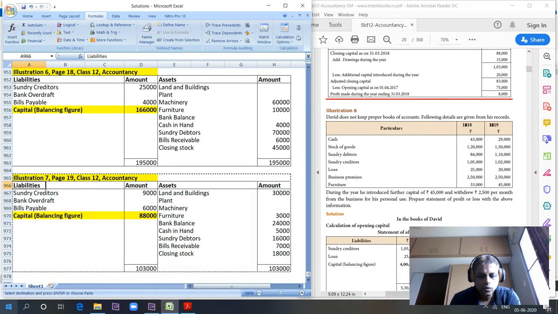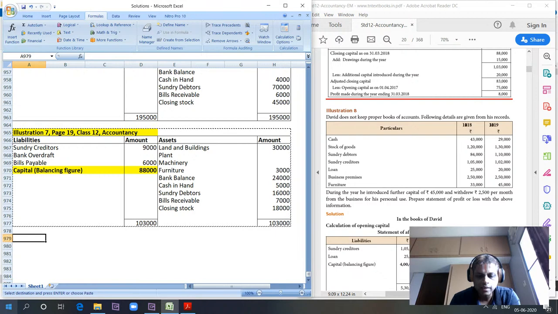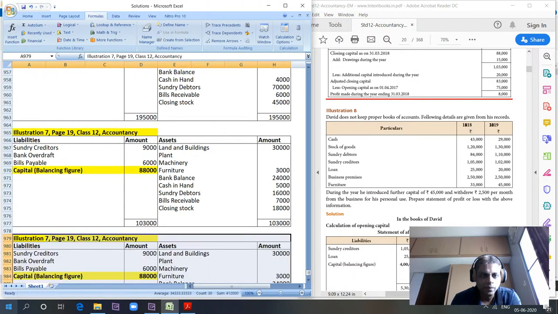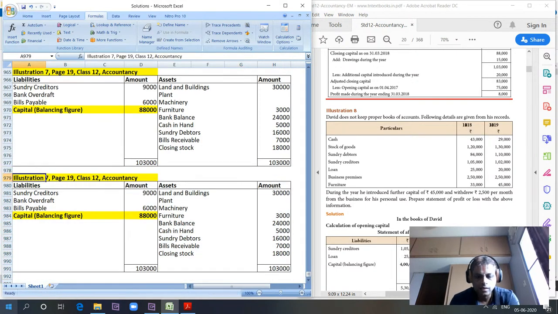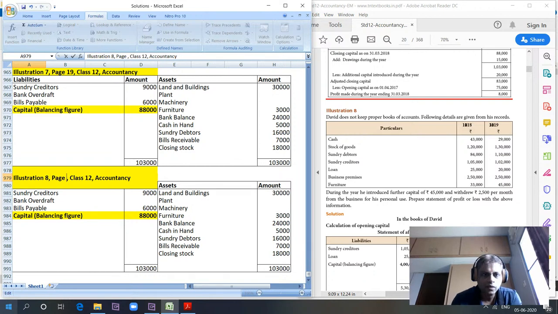Students, understand that the format plays a major role in your examinations, so the format has to be followed. I'm in illustration 8 now, on page number 20. As usual, I am removing the existing numbers.